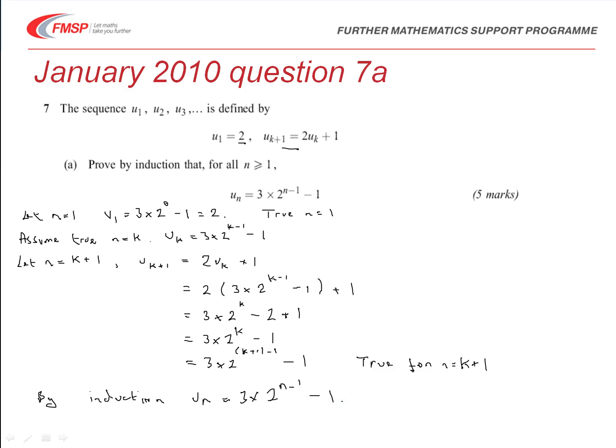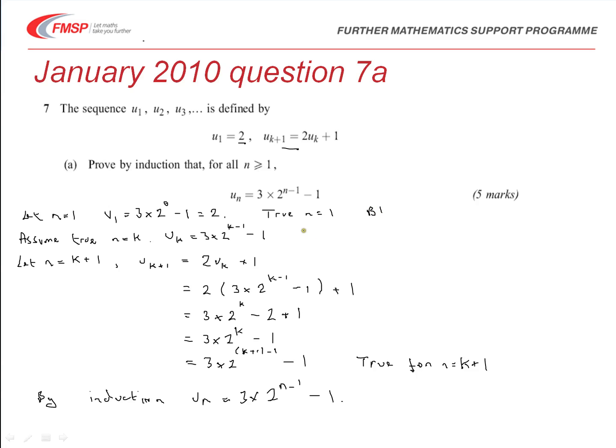Okay, so where are we getting our 5 marks? Well, for showing our result for when n is equal to 1, that will give us 1 mark.